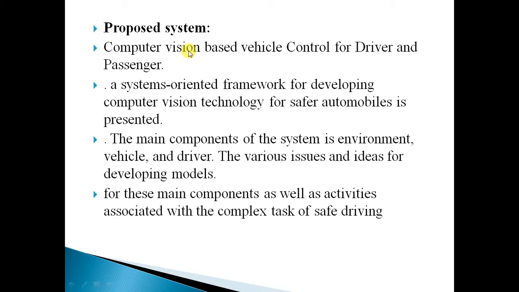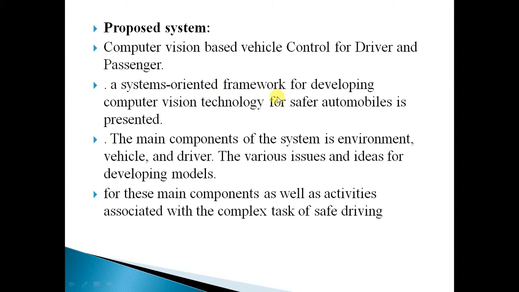To overcome these disadvantages, in our proposed system, we are going to make a computer vision system based on the vehicle control for the driver and the passenger. This computer vision helps us to track and detect the control of the driver as well as the passenger. So the control of the vehicle will be given to the driver as well as to the passenger.